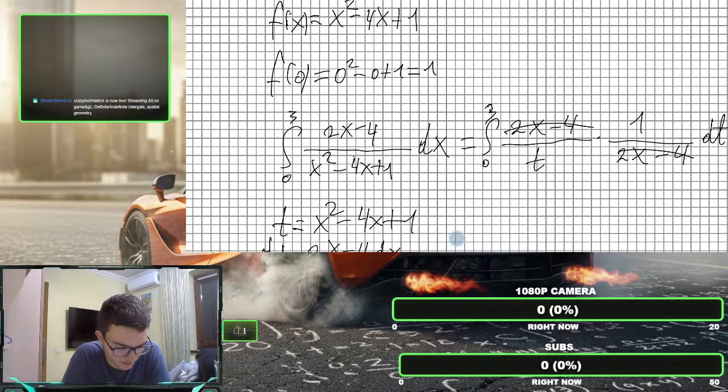So you have that. You have an integral, and it's saying that the derivative of f of x is 2x minus 4. Okay. Yeah.